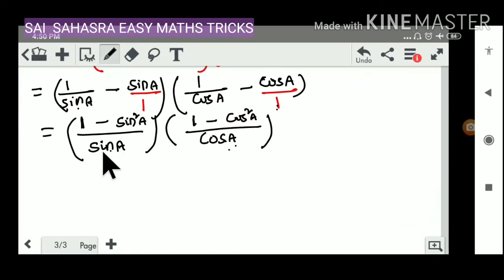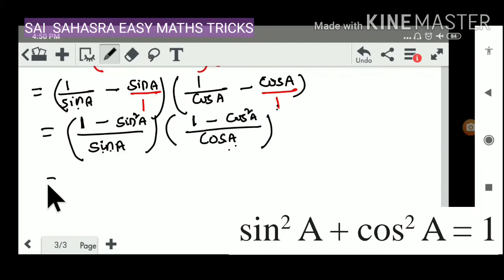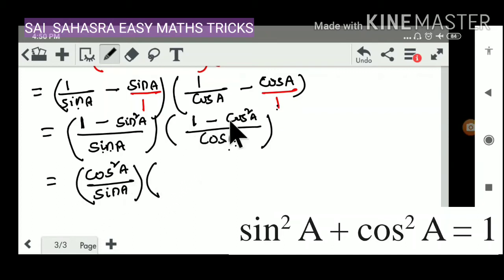We know that sin square a plus cos square a equal to 1. From that we can write 1 minus sin square a is equal to cos square a. Cos square a divided by sin a in first bracket, multiplied with 1 minus cos square a, is nothing but sin square a.